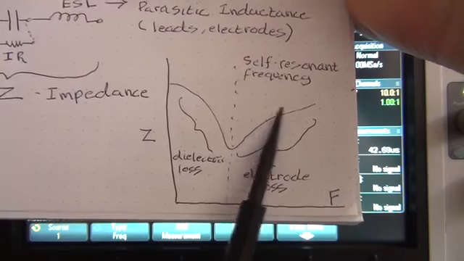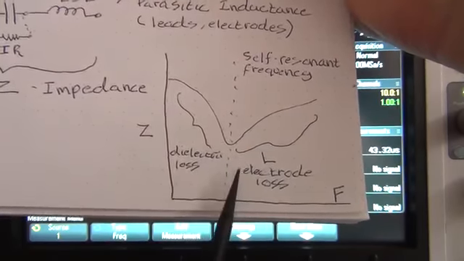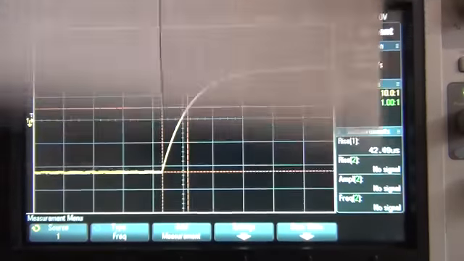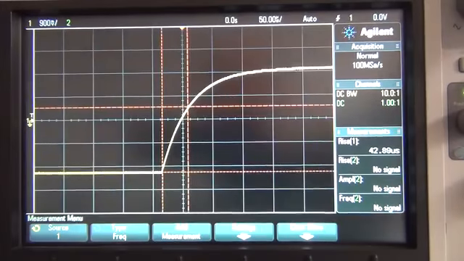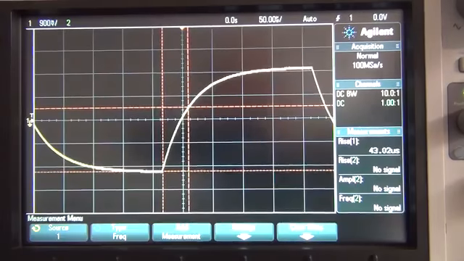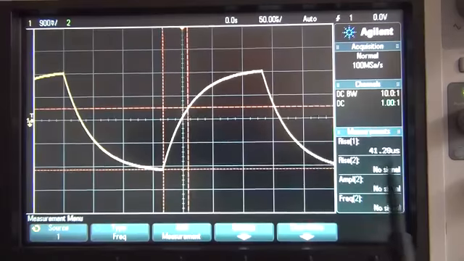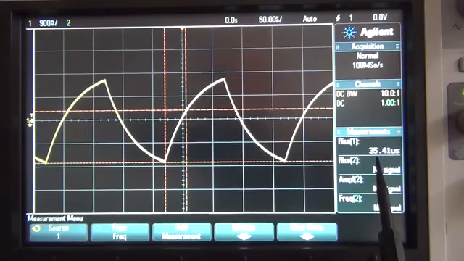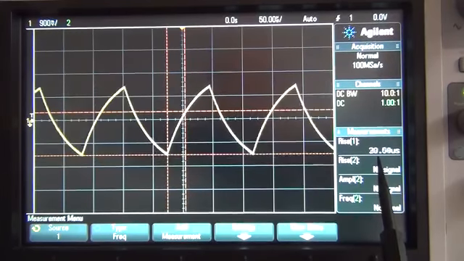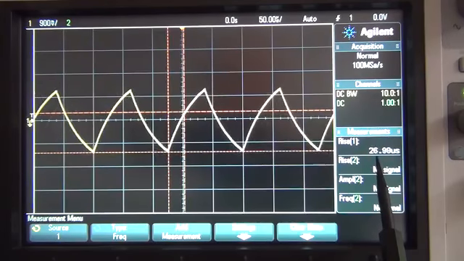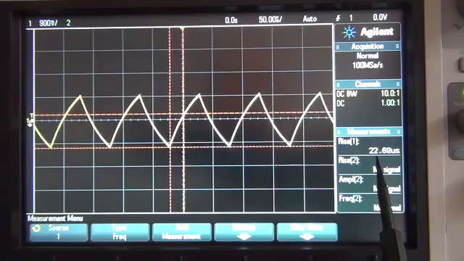I'm going to increase the frequency and let's see what happens to the capacitance value. Right, so we're at 1 kilohertz. I'm now stepping up, we're at 2. The figure we want to keep an eye on, you can see the frequency is increasing because of the waves. Look what starts to happen. We're now down to 30 microseconds, 27, 25.